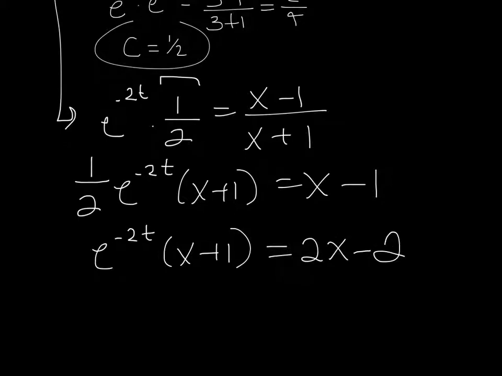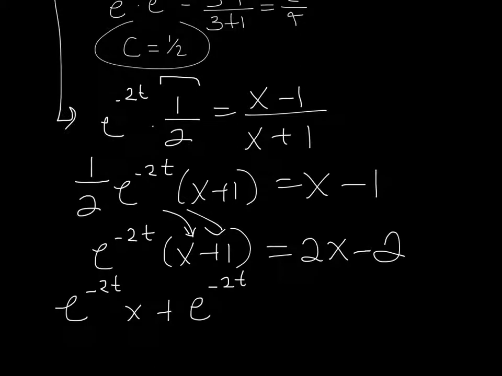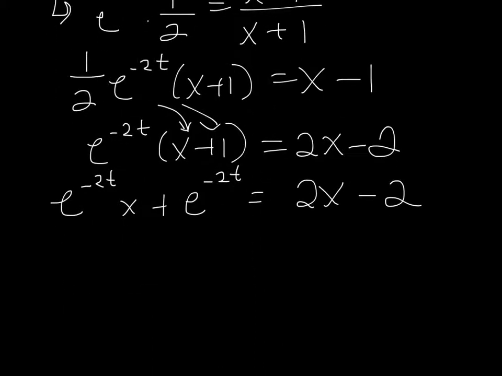And again, our goal is to solve for x of t because that's going to be our solution to our differential equation. So we do a little bit more algebra. Distribute, distribute. Okay, so we have e to the negative 2t x plus e to the negative 2t equals 2x minus 2. Wow, we're at 12 minutes. Okay, almost done. I'm going to bring my x's over. So e to the negative 2t x minus 2x.